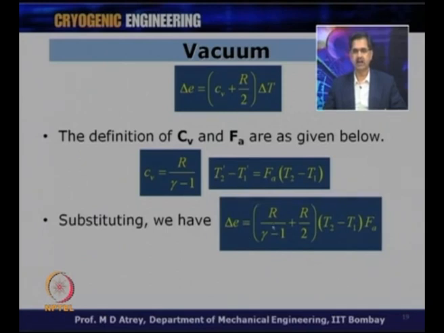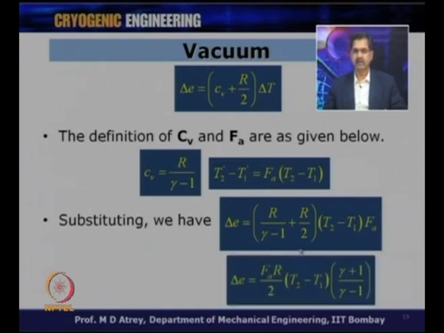I will put Cv as R upon gamma minus 1, and I will put the value of Fa over here. All right. So, I have delta T here, and I am replacing delta T by Fa into T2 minus T1. Rearranging these terms, I get delta E is equal to Fa R upon 2 into T2 minus T1 into gamma plus 1 divided by gamma minus 1. I am just taking R common from the bracket and evaluating it.